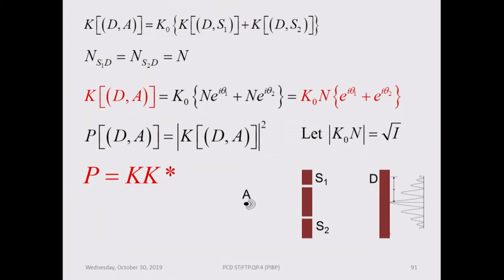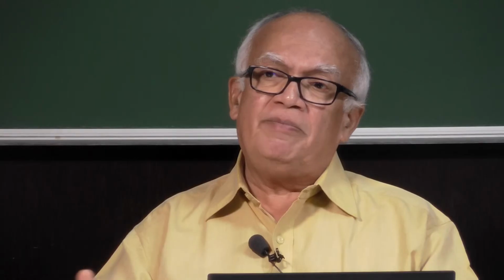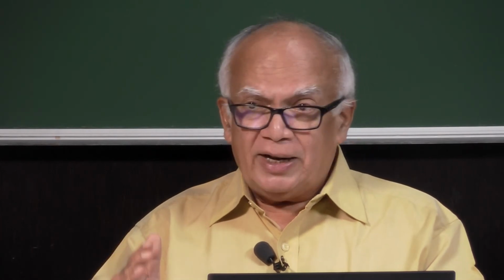You have to multiply it by k star, which is e to the minus i theta 1 plus e to the minus i theta 2. So, you multiply term by term, what do you get? e to the i theta 1 multiplied by e to the minus i theta 1, then you get e to the i theta 1 multiplied by e to the minus i theta 2. So, you will get terms in theta 1 minus theta 2.